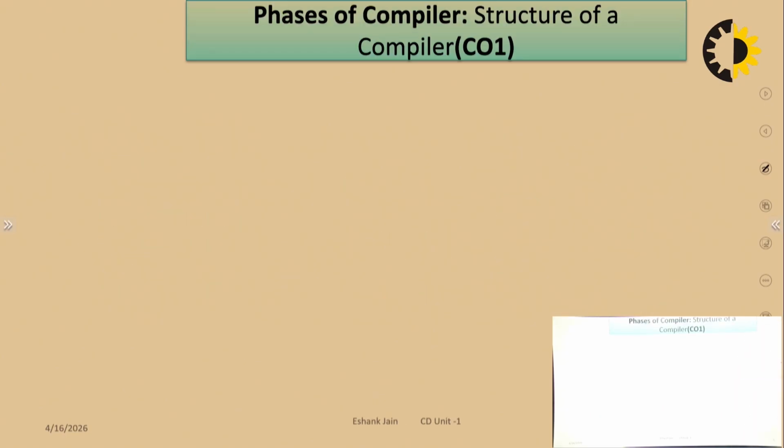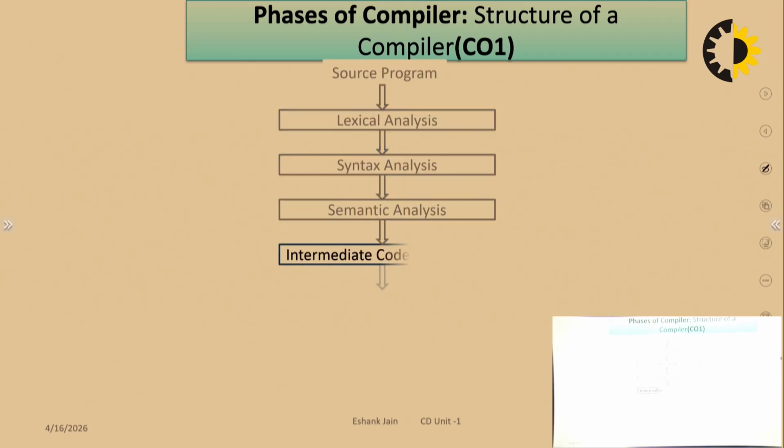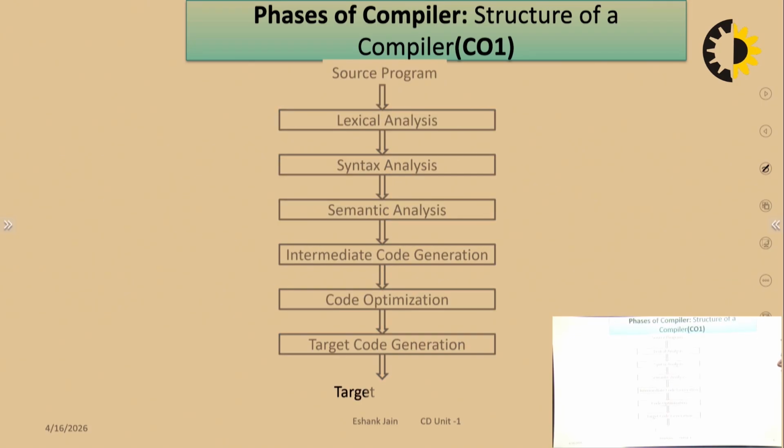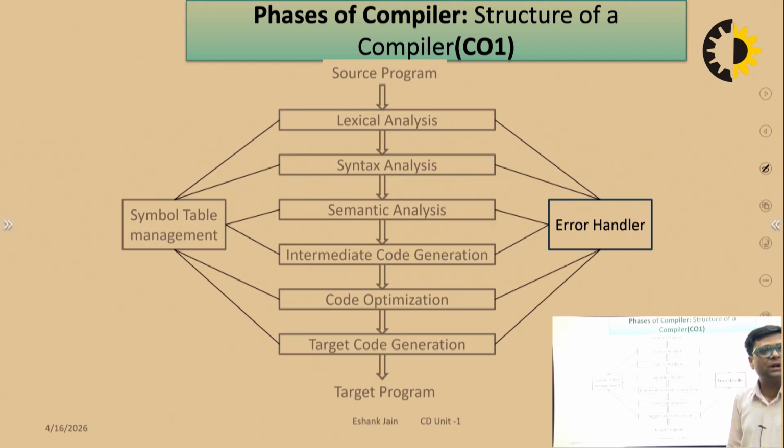Now, the phases of the compiler. These are the phases of the compiler that the source program goes through to generate the target program. Number 1 is the source program, also known as high level language.